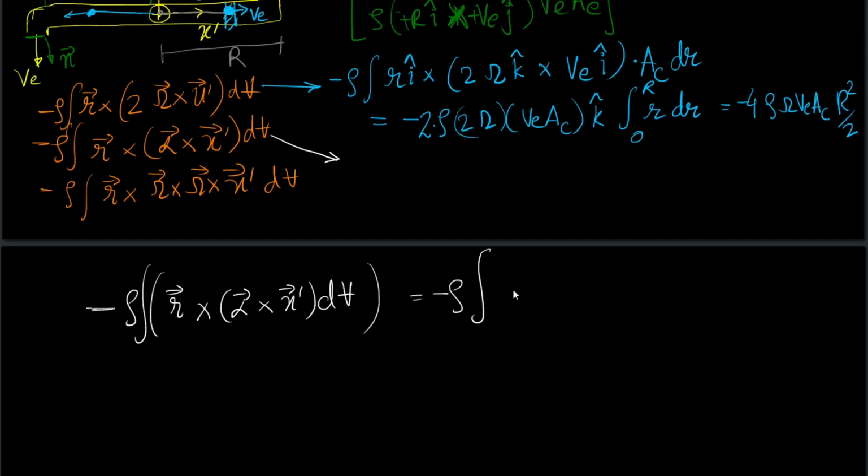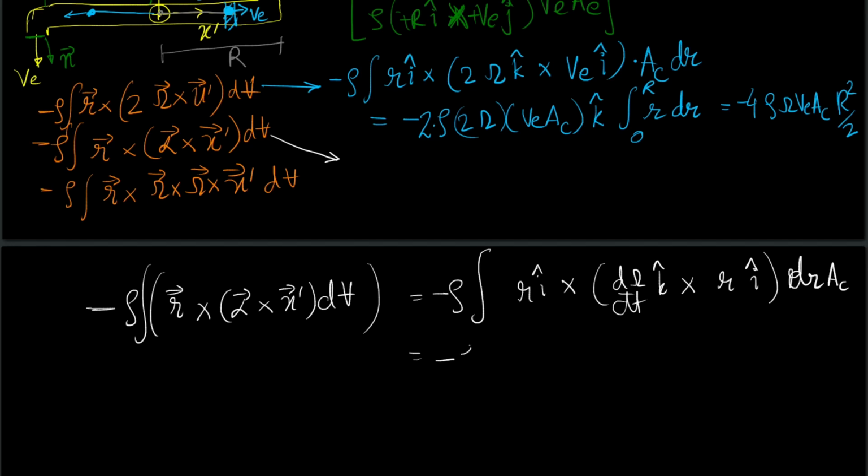So now this is integral of r vector in the i direction, cross d omega dt in the k direction, cross r vector in the i direction, dv. But dv is nothing but dr times the area of cross section. This is minus rho, area of cross section, d omega dt.